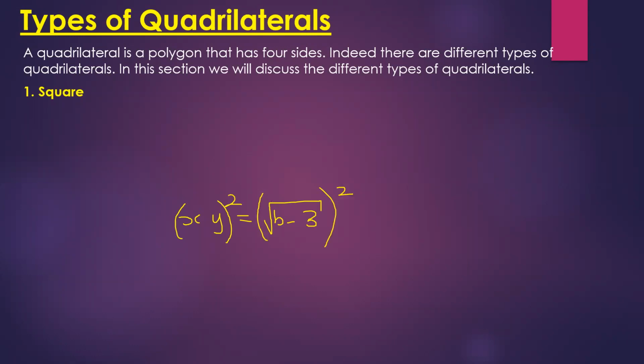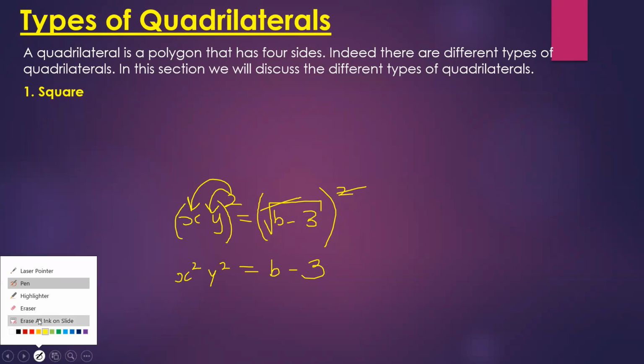And so this square, we cancel it with the square root. And so you're left with b minus 3 and x squared and y squared. Make sense? Why are both squared? Because you kind of distribute the 2 into all 2 of them. Okay, thank you. Okay, no problem.